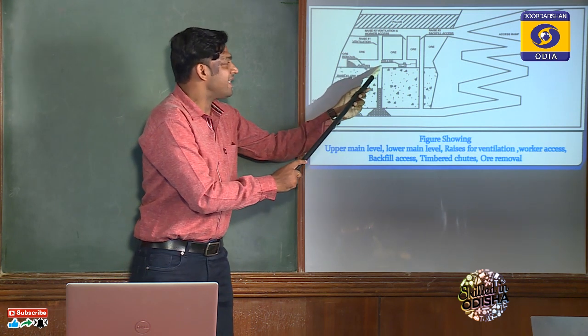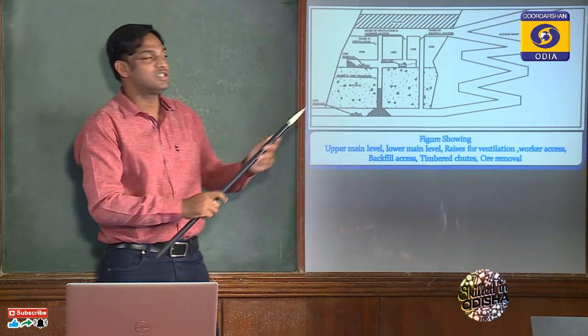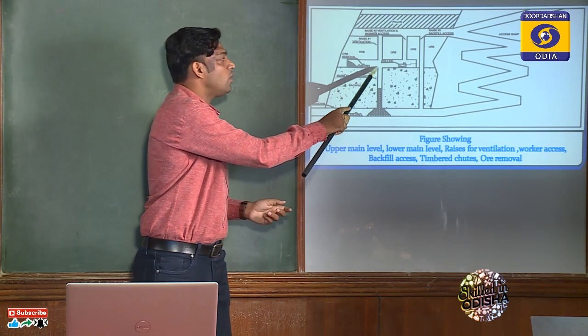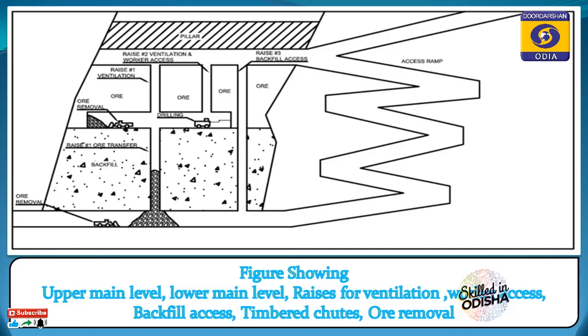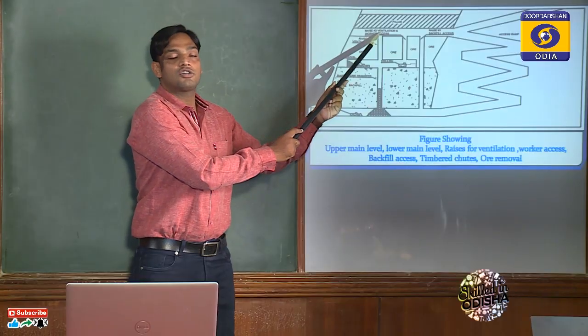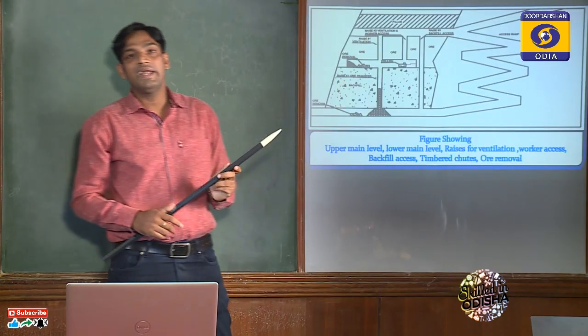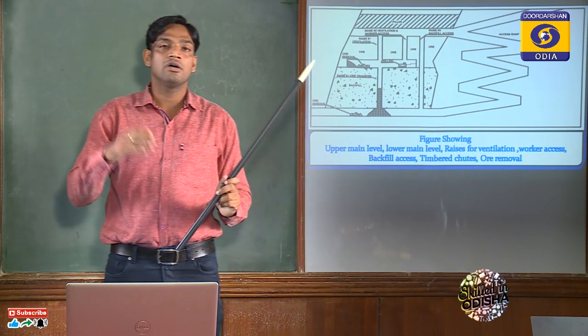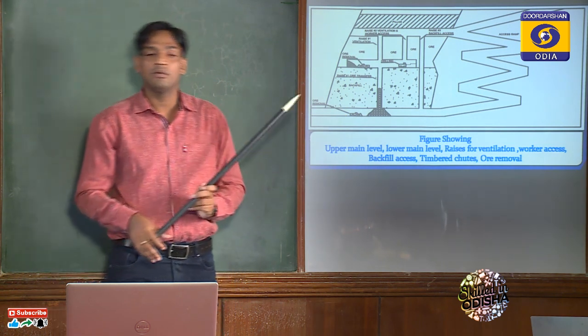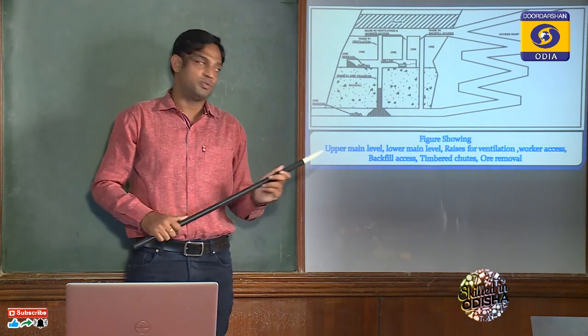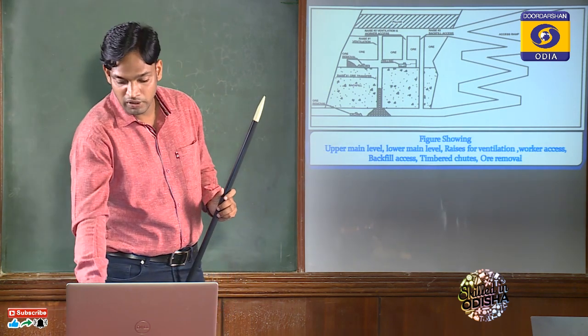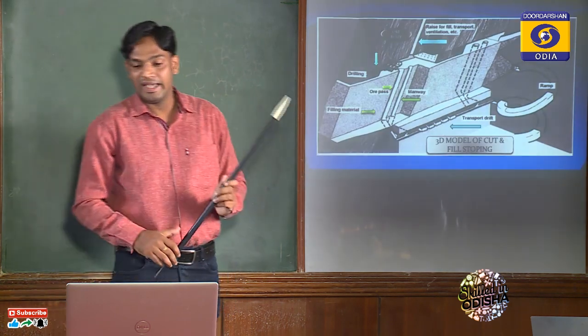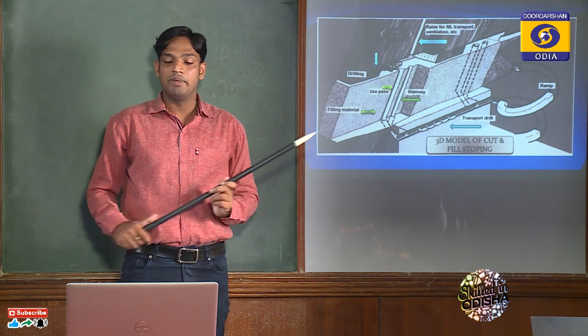So to maintain this gap, to maintain these timber chutes, we have to use wooden planks on all sides, so that the timber chute is maintained from the bottom main level to the top main level until the complete ore block is stoped. Let me show you another 3D model of cut and fill stoping.